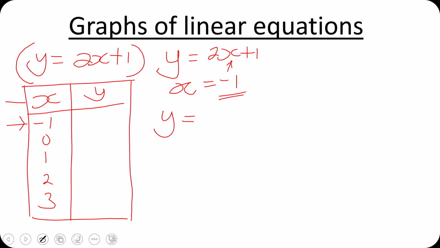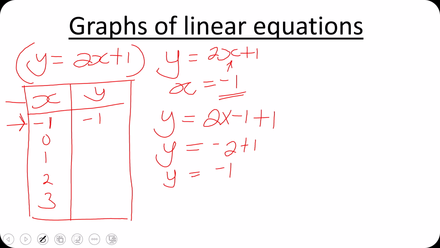Then our y is going to equal 2 times -1, plus 1. 2 times -1 gives us -2, and then plus 1. If we add -2 plus 1, we shall get our y equal to -1. So when the x value is -1, then the y value will also be -1.